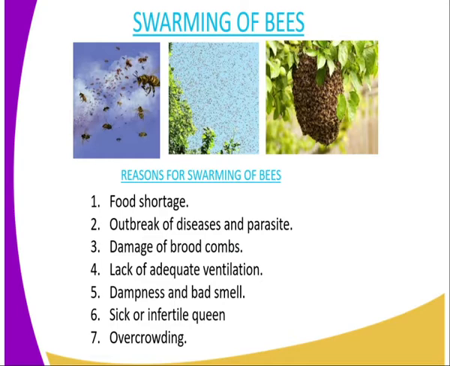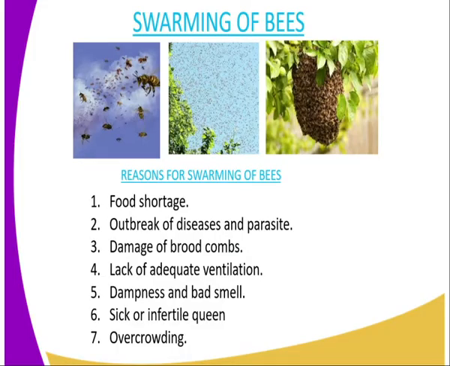Then number four, lack of adequate ventilation. If the bees realize that in the beehive there is no free circulation of air, it means that they will go and look for another beehive which will facilitate ventilation. Then we have dampness and bad smell. Therefore, you should make sure that inside the beehive it is warm and dry all the time.